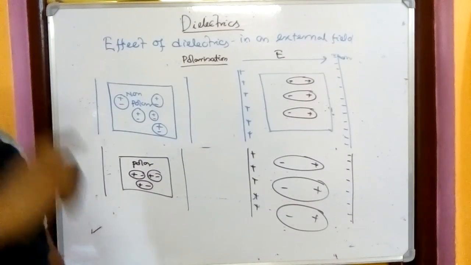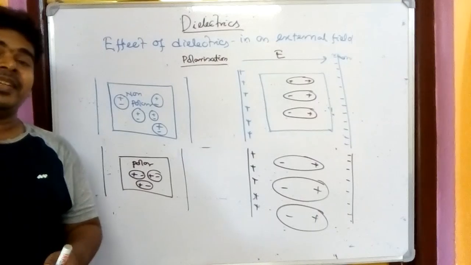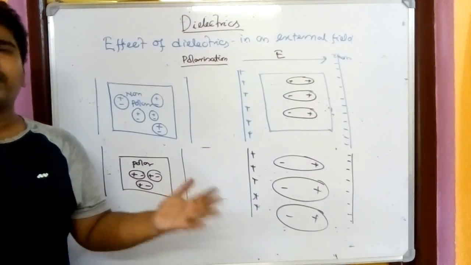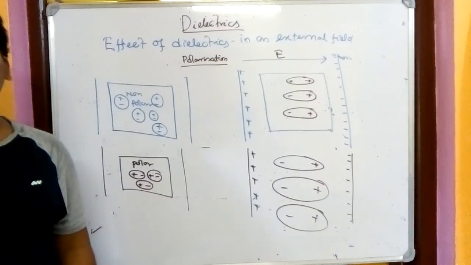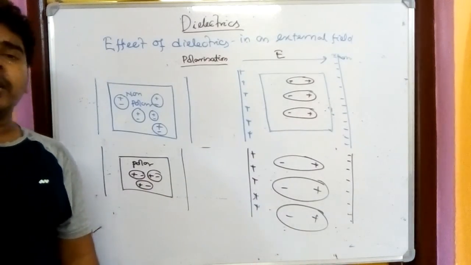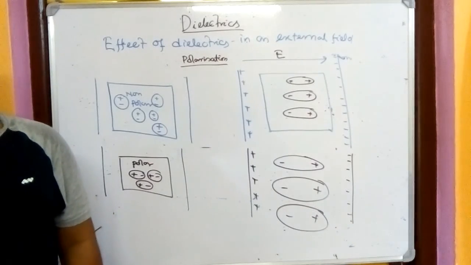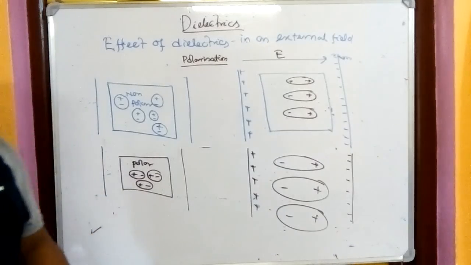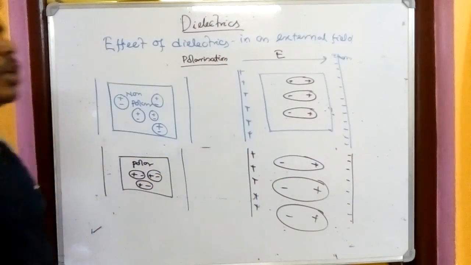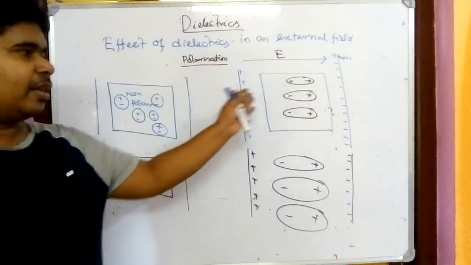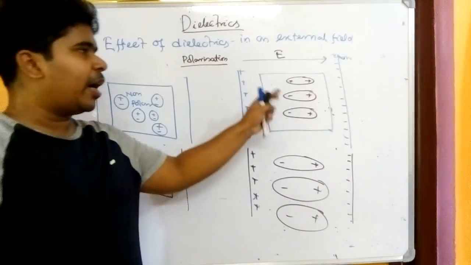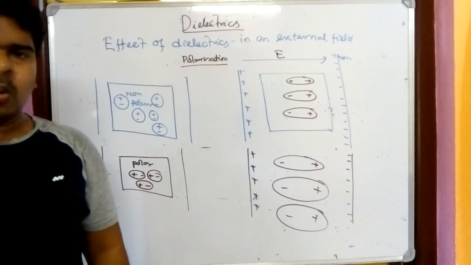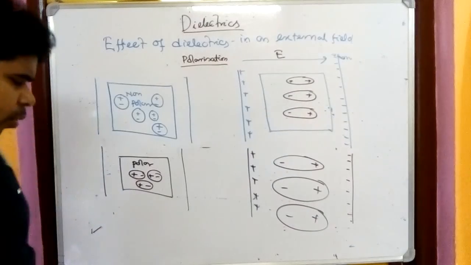Now you remember, whenever we read about the dipole, I told you what the need of the dipole is, why we calculated the electric field of a dipole and the potential of the dipole. The reason is that we want to do work with dielectrics, and here you see the dipole is created. Two opposite charges are separated by a distance. Any doubt? I think no.